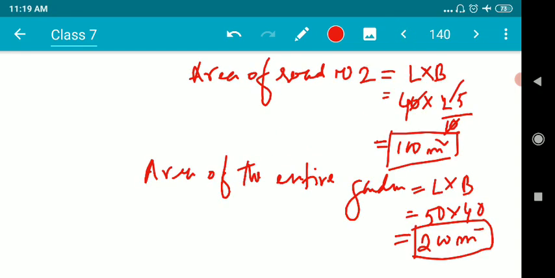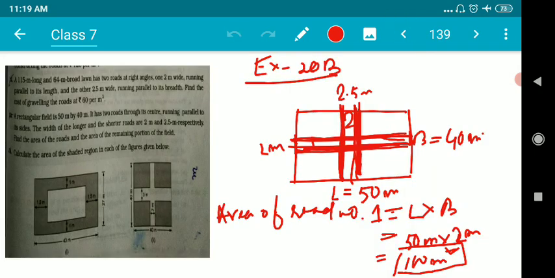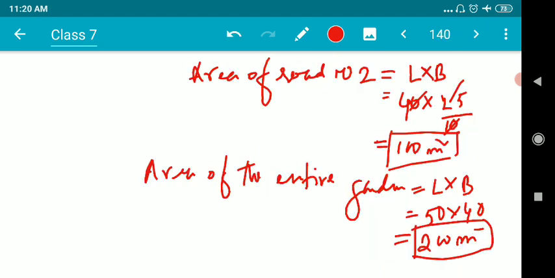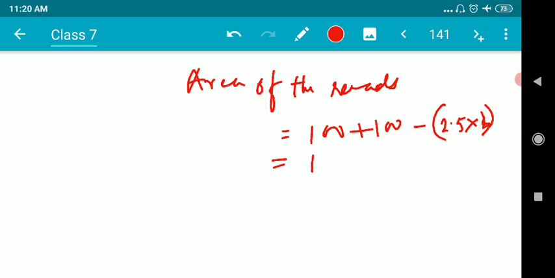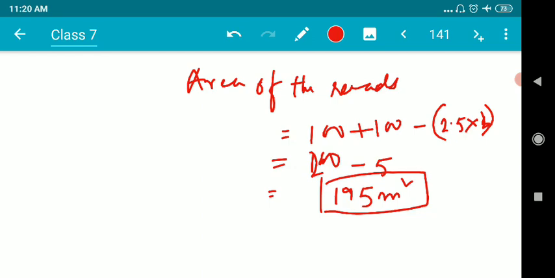If we look at the figure closely, a rectangle has been formed where the roads overlap, and it is counted twice. So we need to subtract it one time from the total area of the roads. So 100 plus 100 means 200, minus 2.5 into 2, which is 5. It will be 195 meter square, the area of only the roads.